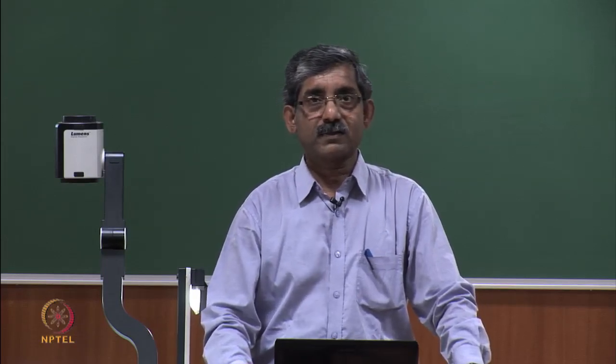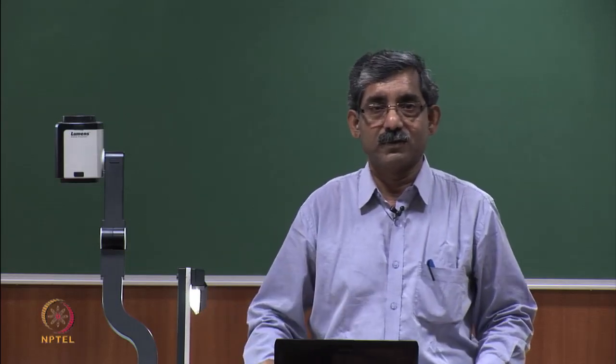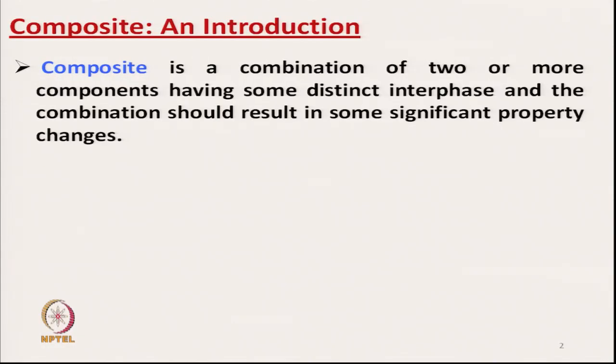So, first let us try to understand what is composite. Composite is a combination of two or more components having some distinct interface, and the combination should result in some significant property change. So, there must be some significant improvement in properties.